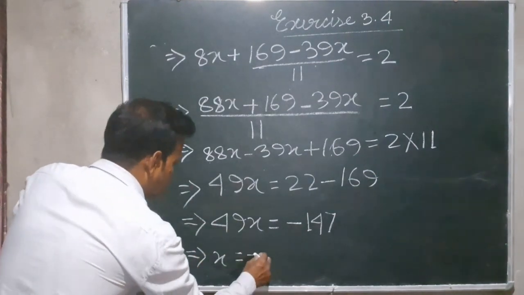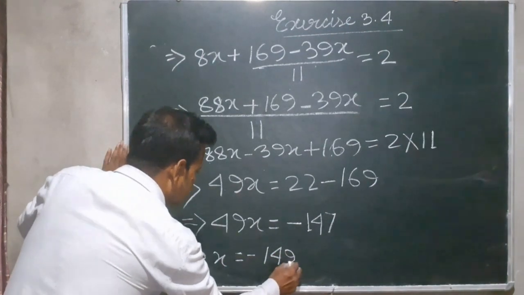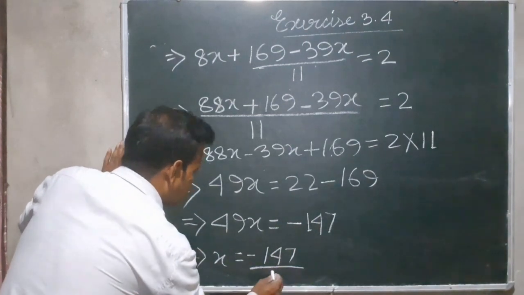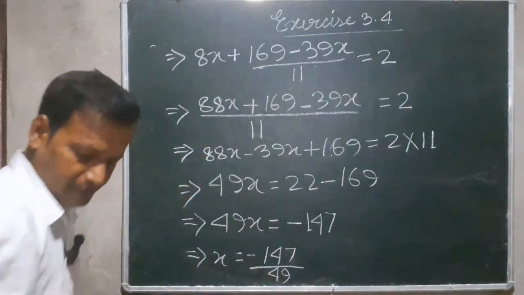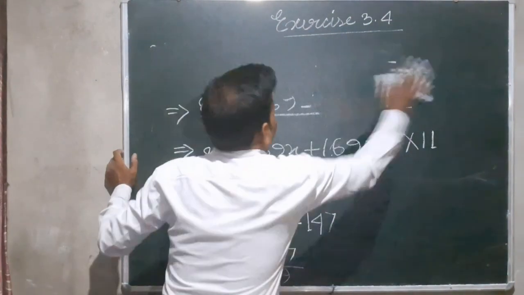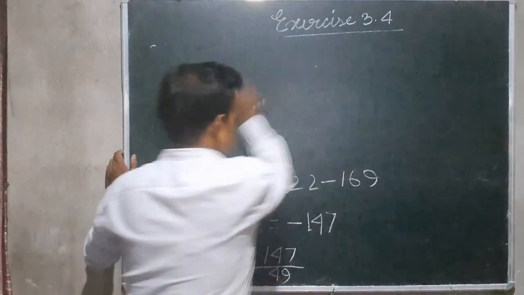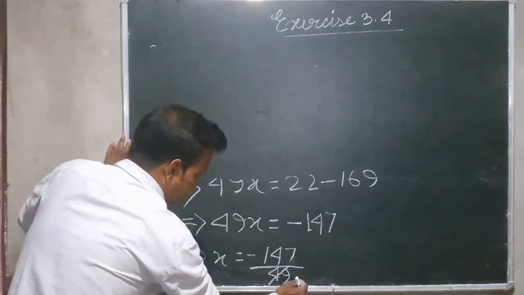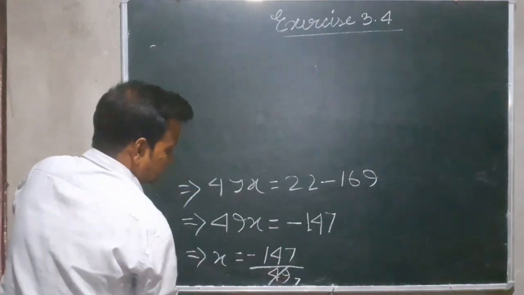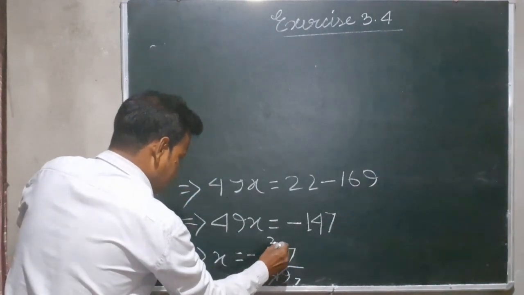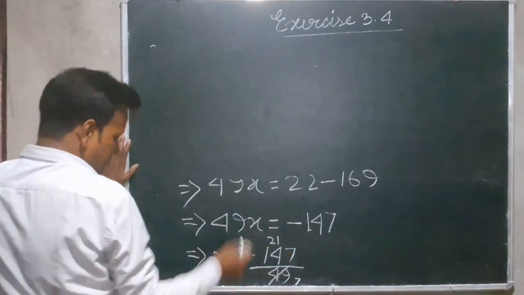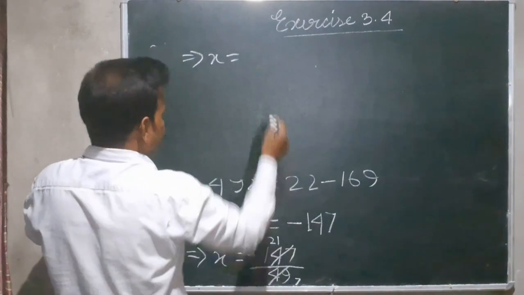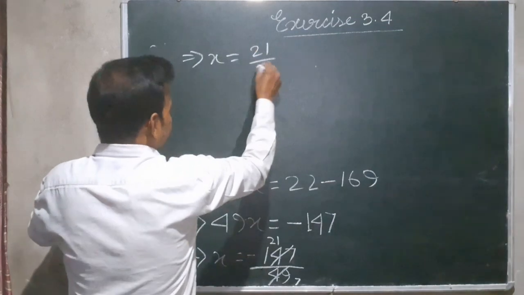x equals to minus 147 divided by 49. Okay. 7 goes in 49 7 times. 7 goes in 14 2 times. 7 goes in 7 1 time. x equals to, it has been cancelled, 21 by 7.